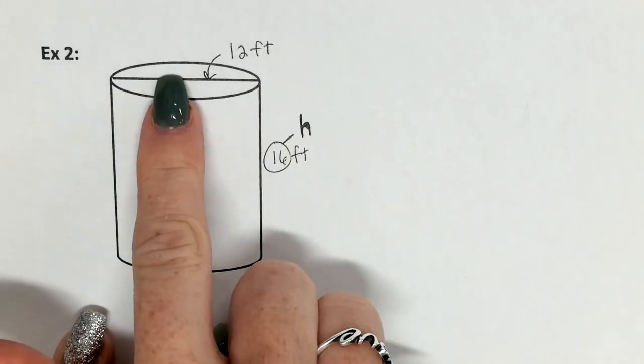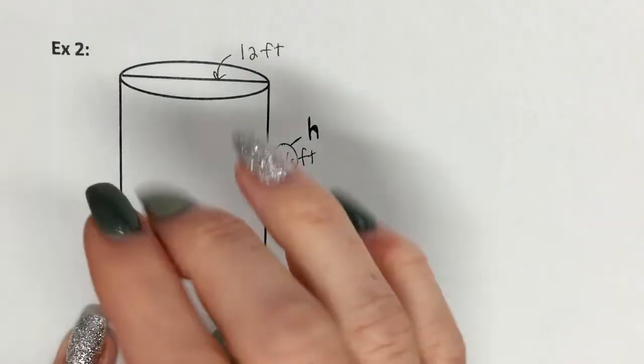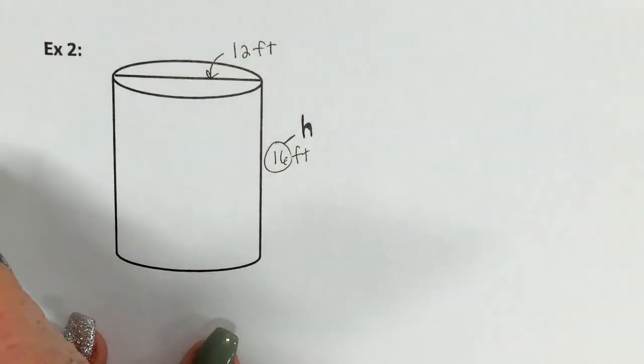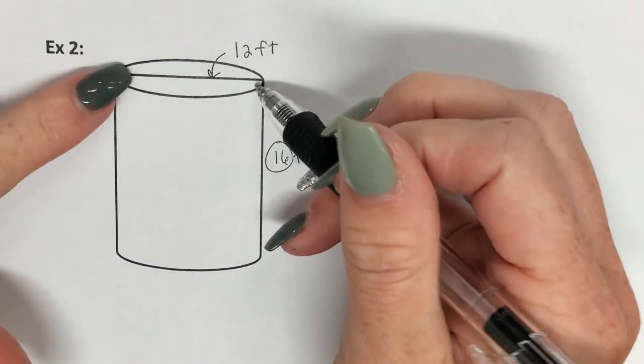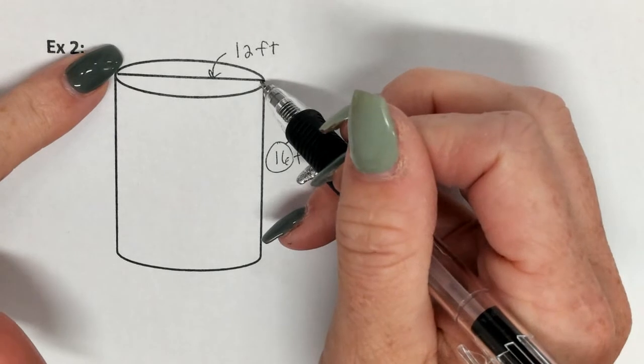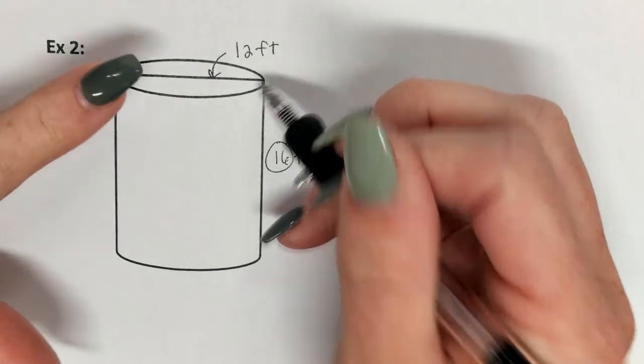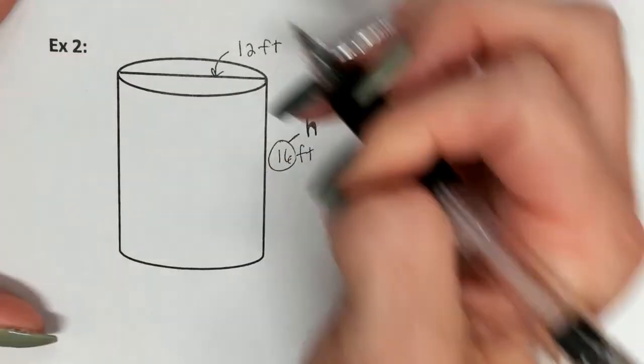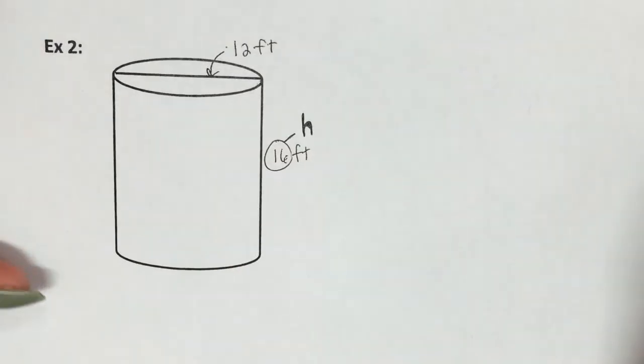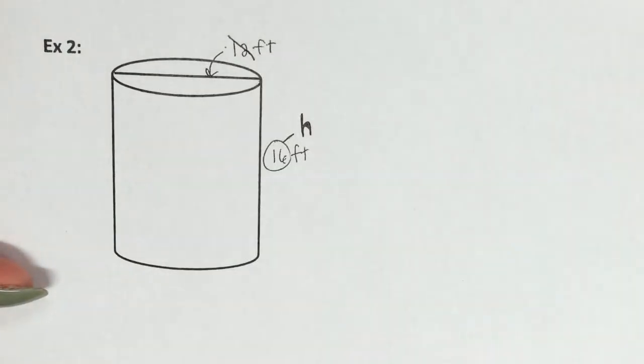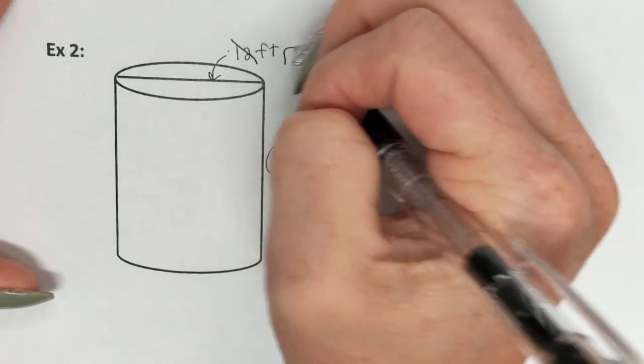Remember, if it goes all the way across the circle, it's diameter. Do I need diameter? I need radius. So what do I have to do to this? Guys, always put a line through it so you don't use it. I don't want 12. Half of 12 is 6.